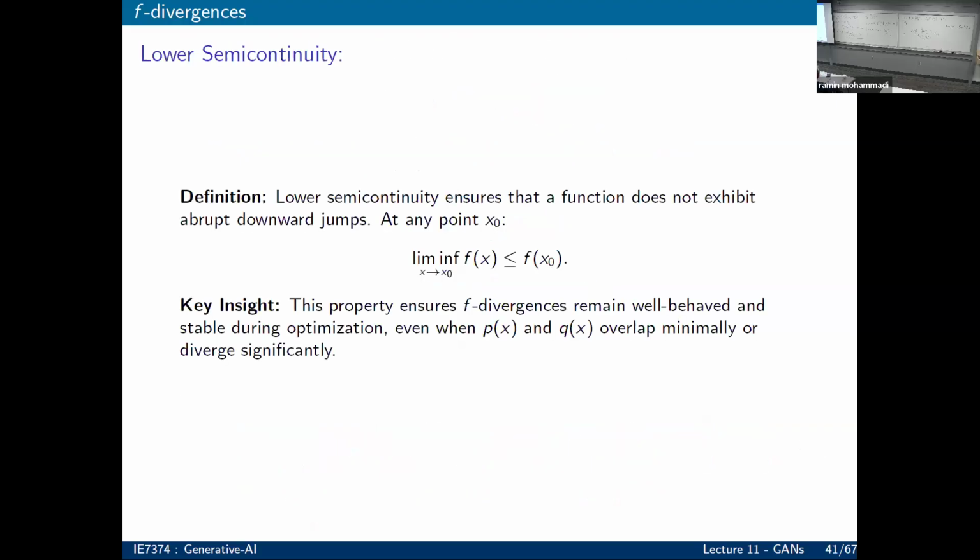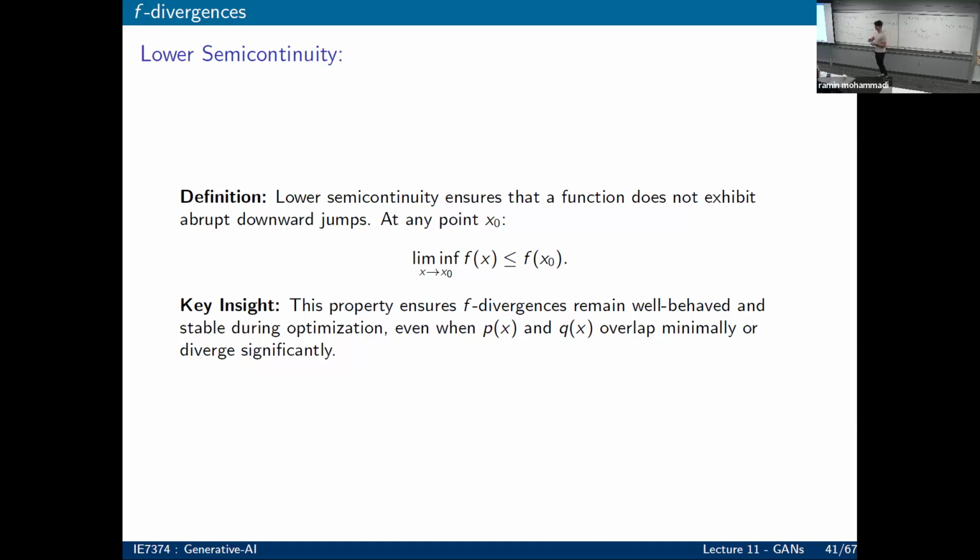Now, lower semi-continuity. Technically, it says that if you have a function, the limit inferior means that if you pick the minimum across all the possibilities, that becomes the limit inferior.